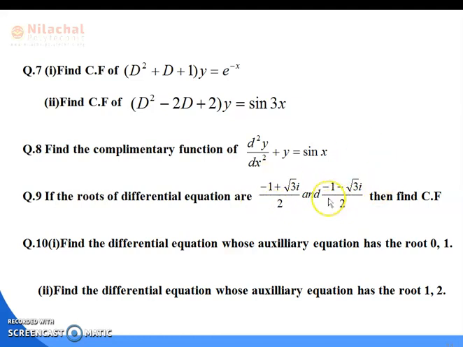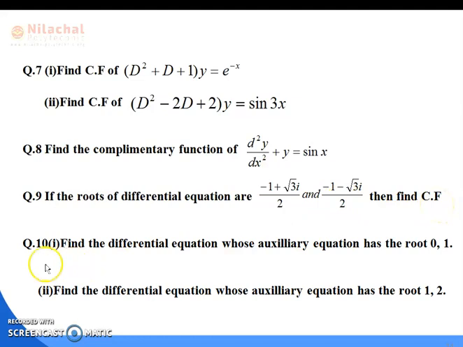Ultimately we can write in a single format, -1 by 2 plus minus root 3 by 2 i. That means it is a complex number, so CF equals e to the power alpha x into c1 cos beta x plus c2 sin beta x. So roots are given and both are combined, we can write -1 by 2 plus minus root 3 by 2 i. Clear? You can write CF now.